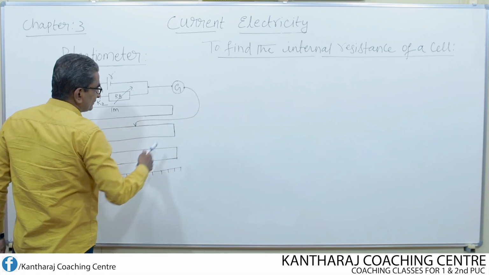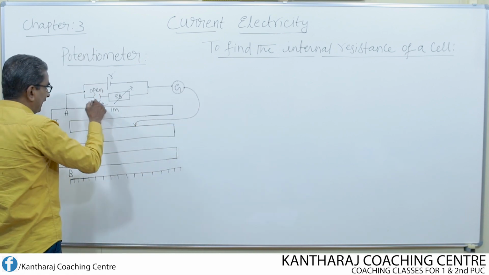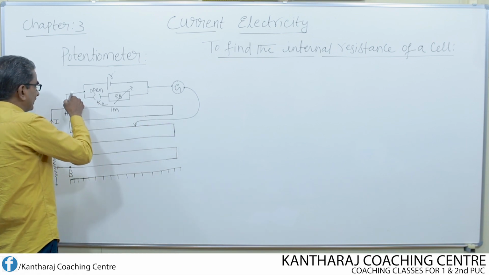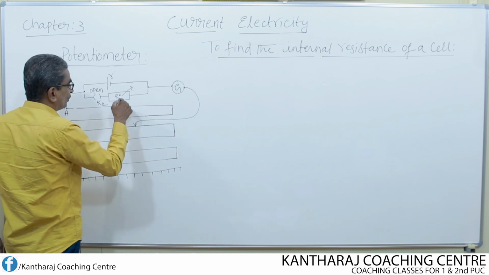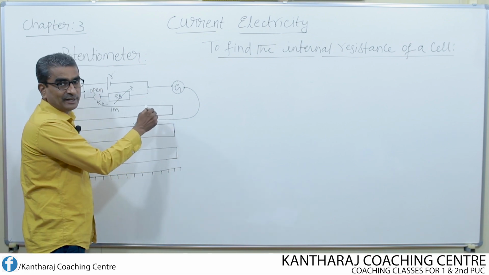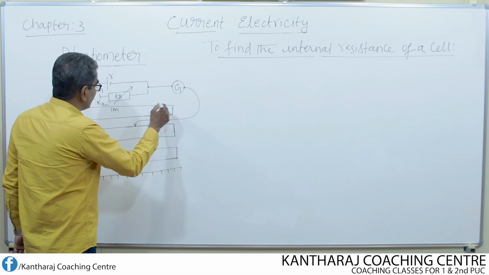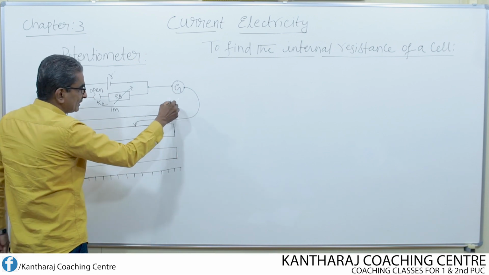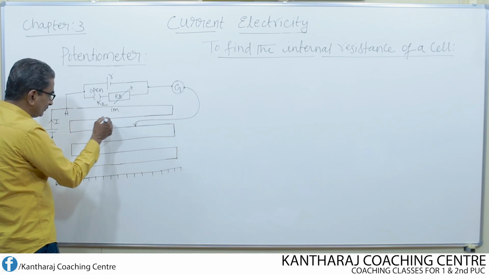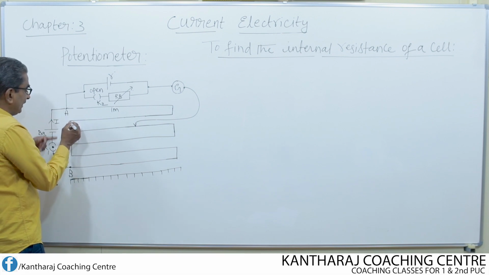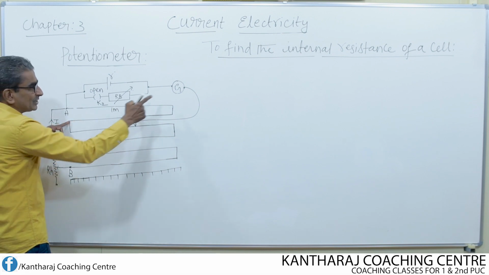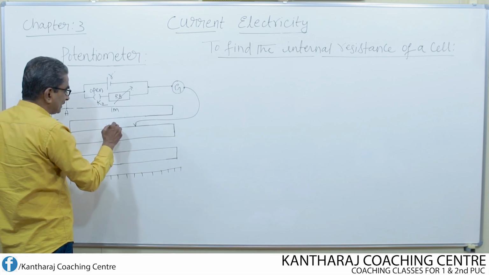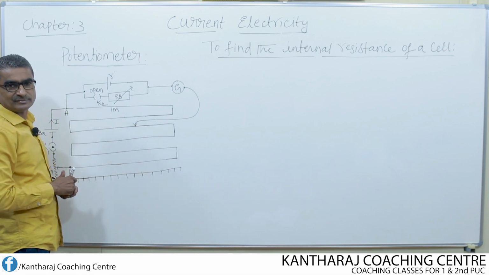Once we close the key K1, keeping K2 open, we move the jockey from A to B over this wire. That means slide the jockey slowly over the wire without pressing the wire too much. After moving to this end, if you do not get null deflection, shift the jockey to the next wire and continue moving. Again, if you do not get null deflection in the galvanometer, shift the jockey to the next wire and slide it smoothly.